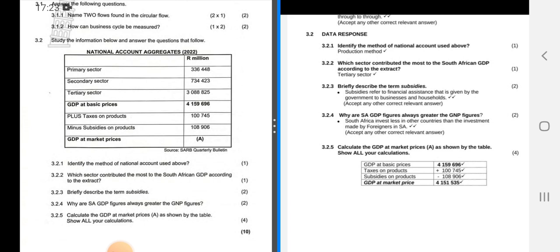So GDP, which is 4,159,696 plus the 100,745 plus 108,906. So you minus the 108,906, and then you get the GDP at market price. It has been already shown for you, so you just have to follow that, the plus and the minus in between.